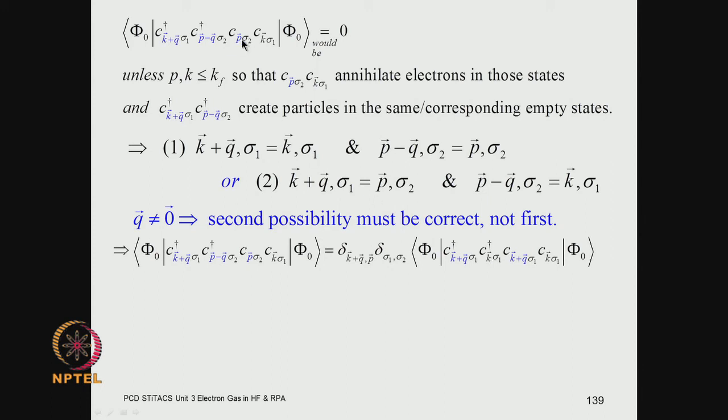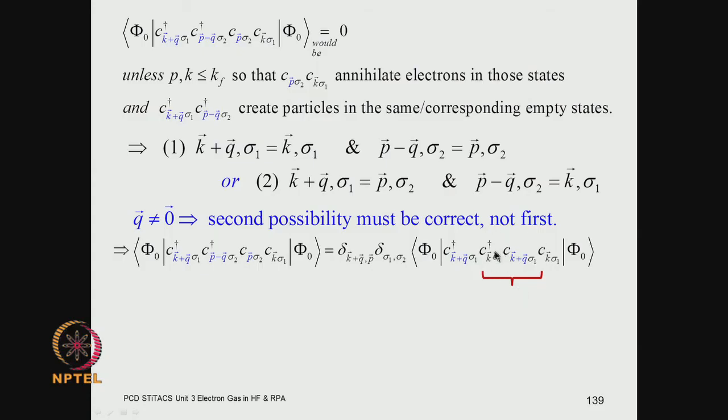This is c_{p,σ2}. So, c_{p,σ2} is replaced by c_{k+q}, because if p-q is equal to k, then p becomes equal to k+q. So, that is the k+q that comes here, and the corresponding spin variable is σ1. So, you have σ1 everywhere, and then you have the delta σ1σ2, and k+q must be equal to p. So, k+q must be equal to p and σ1 must be equal to σ2. That is the only condition when you will get non-zero contributions.